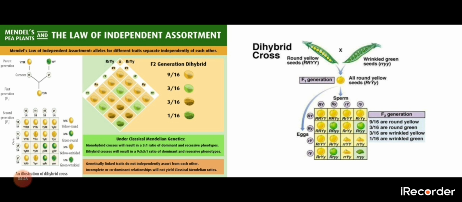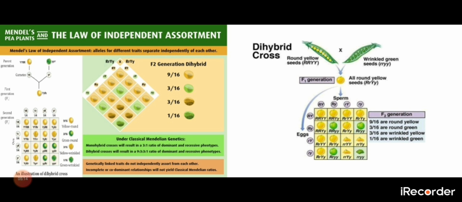Clear? In the F2 generation, we got round yellow, round green, wrinkled yellow and wrinkled green. Clear? They formed a ratio of 9:3:3:1. From this dihybrid cross, we know that there are 4 different phenotypes, but these are produced by 9 different genotypes.